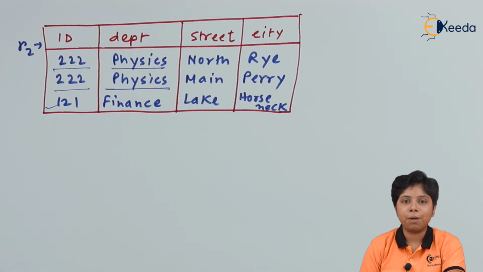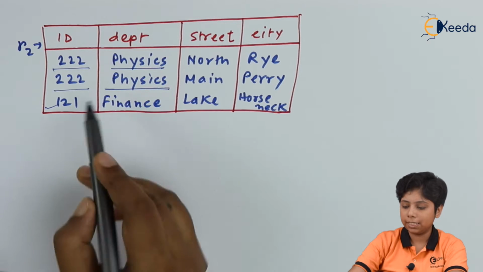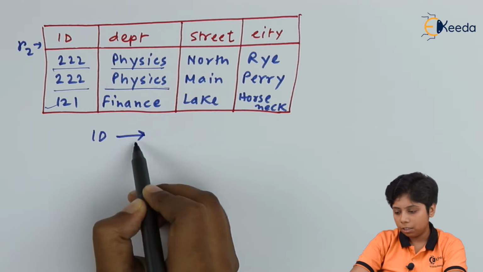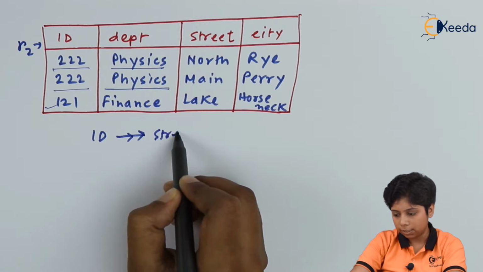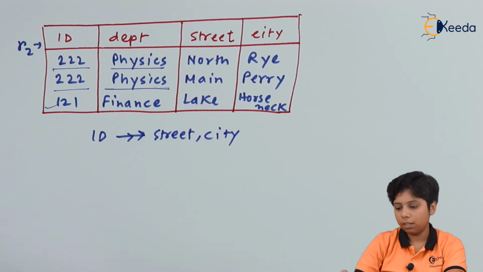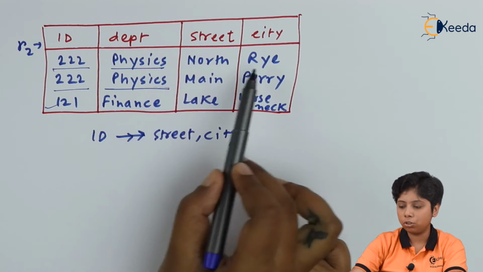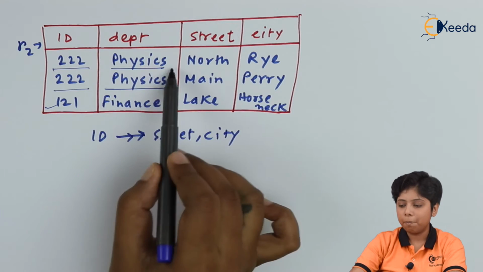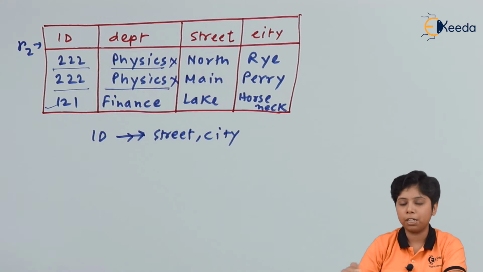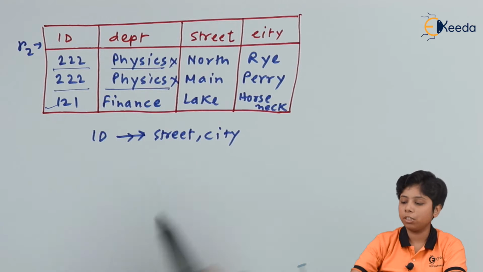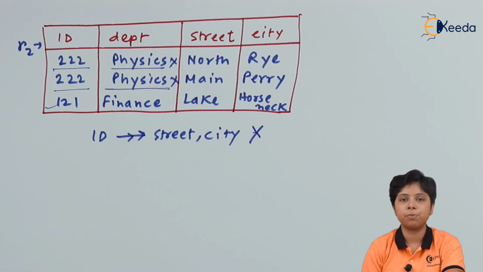Now, if there is a multivalued dependency, that is ID multi-valued street and city, that is present in this one. So we can say that the ID has got two different street and city, but as the department is being a part of it, we cannot say that this dependency is preserved.